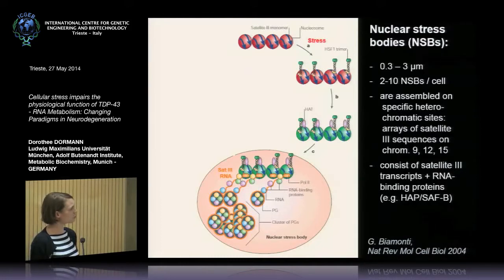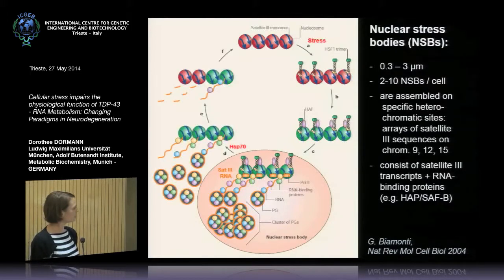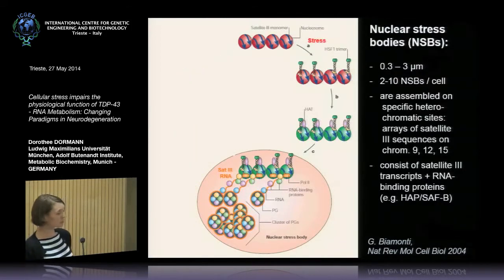heat shock factor 1 trimerizes and then becomes transcriptionally active and is recruited to these heterochromatic regions. And this in turn recruits a histone acetyltransferase, which decondenses these heterochromatic regions. And then Pol II can hop on and actually transcribe these satellite 3 repeat sequences into satellite 3 RNA.